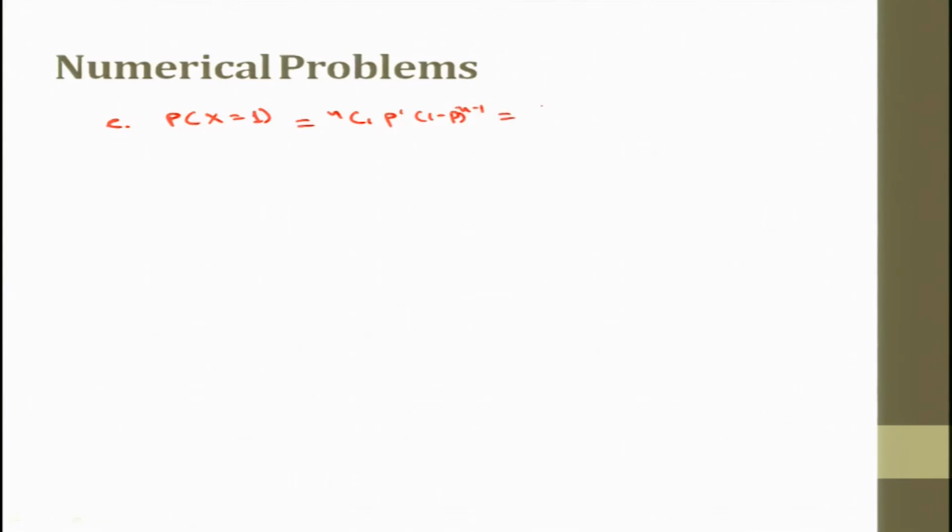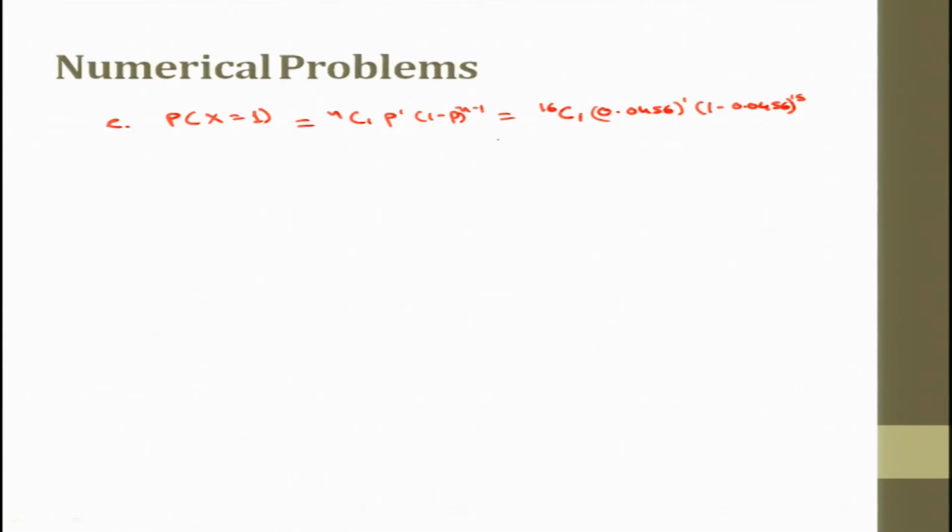So this is equal to 16C1 times 0.0456 to the power 1 and (1 minus 0.0456) to the power 16 minus 1, that is 15.